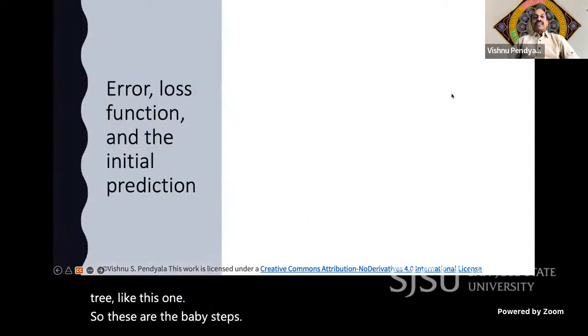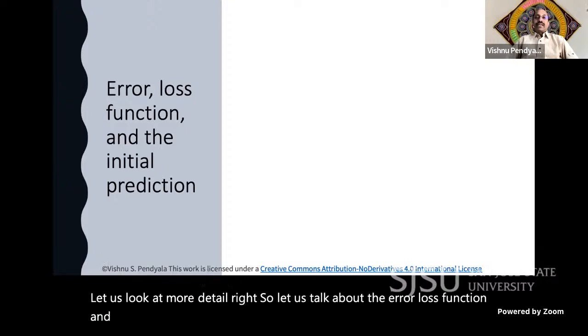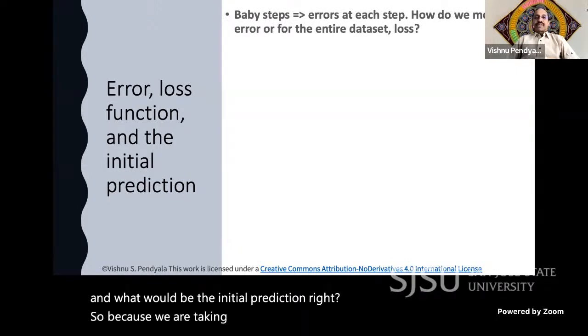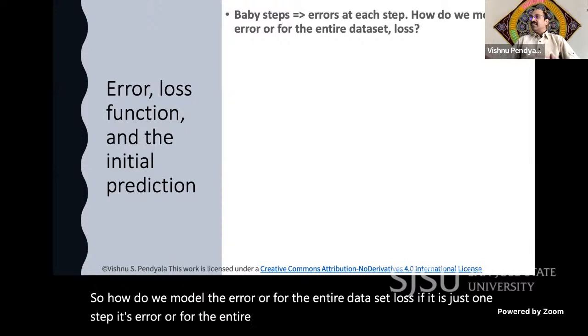Let us look at more detail, right? So let us talk about the error, loss function, and what would be the initial prediction, right? So because we are taking baby steps, there are errors at each step. So how do we model the error or for the entire dataset loss? If it is just one step, it's error, or for the entire dataset, it's called loss in machine learning, right?